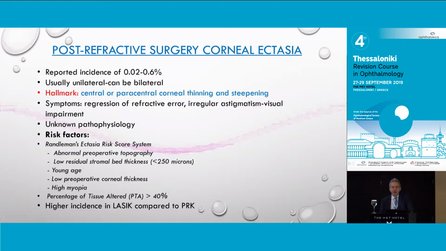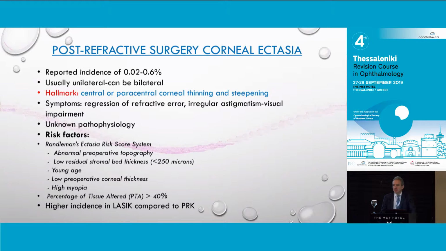And Santiago has also presented a metric, an index, the PTA, which could be a relatively good prognostic factor for predicting the risk of corneal ectasia after a refractive procedure.